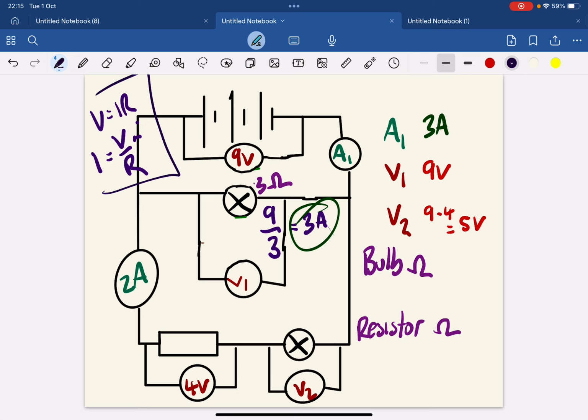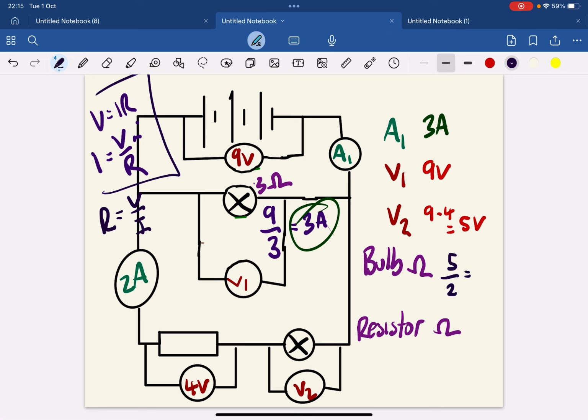So the resistance is going to be equal to the potential difference divided by the current. The bulb potential difference is 5, but the current is 2. Apologies.